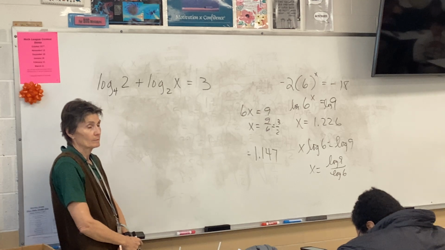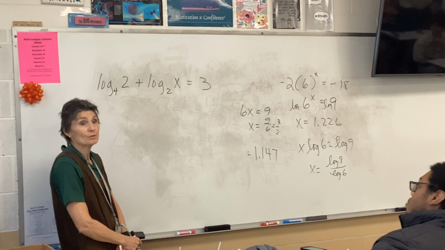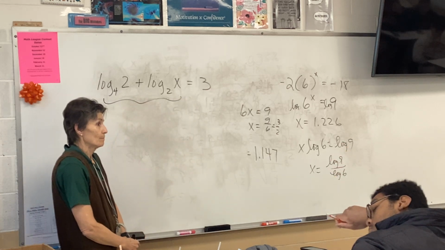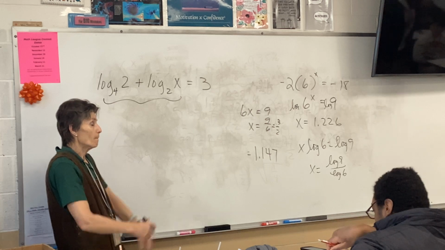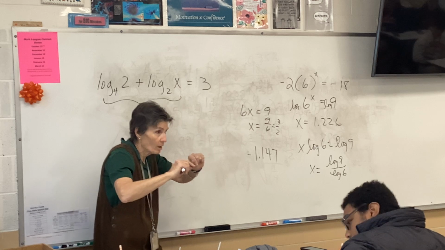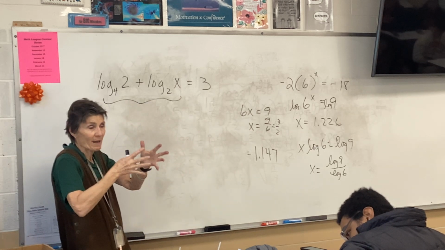What do we do? Do we need to get the same log? We can't do anything until these get put together. Big rule. Can't have two logarithms on the same side of the equation. So you gotta smash them every time.